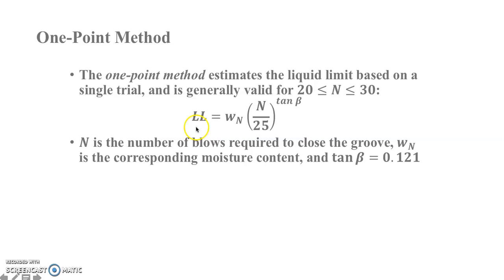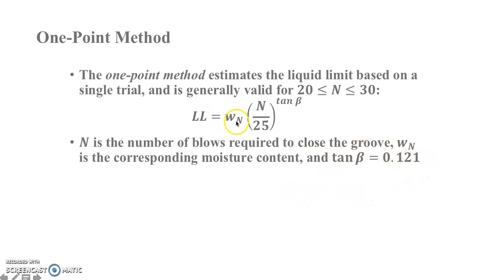So you can have this expression using the 1-point method: the liquid limit is equal to the moisture content multiplied by N, which is the number of blows, over 25. Here N is the number of blows required to close the groove, and this is raised to tangent beta, and your beta is equivalent to 0.121.